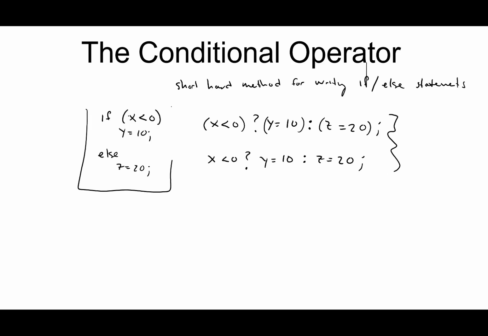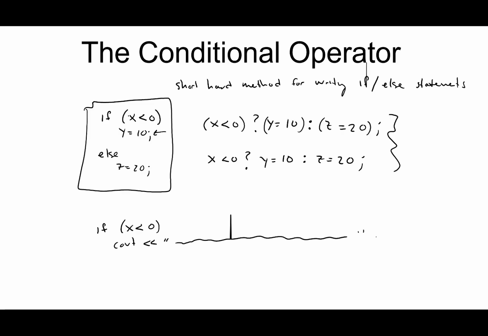So if you have an if-else statement that looks something like this, so it's just really simple, the conditional operator is a good option. If you have if statements with really long statements in, so like let's say we have if x is less than 0, and then we have a cout here, and we're displaying a lot of stuff, and let's say we have some other stuff, and else, and then let's say for the else we have cout, and then we have a whole bunch of stuff.